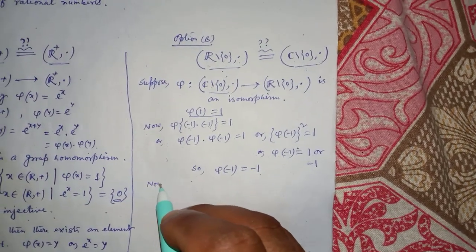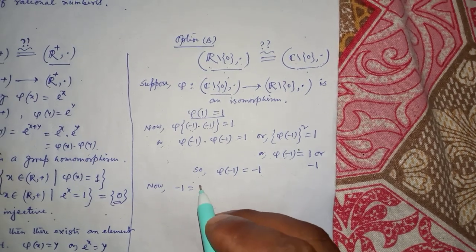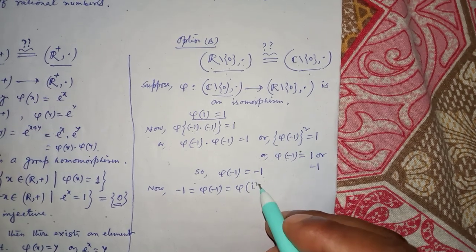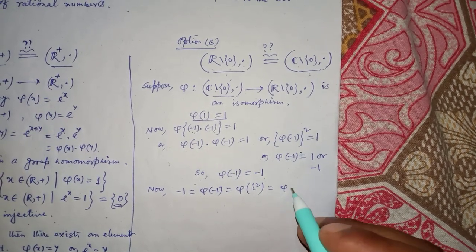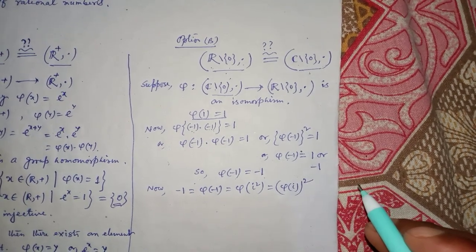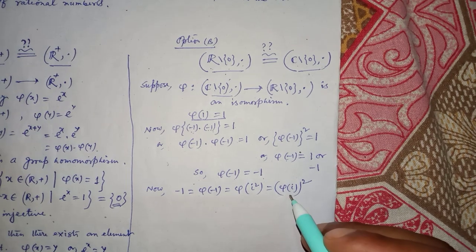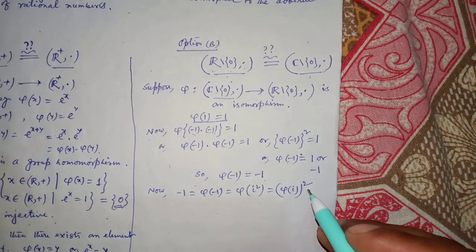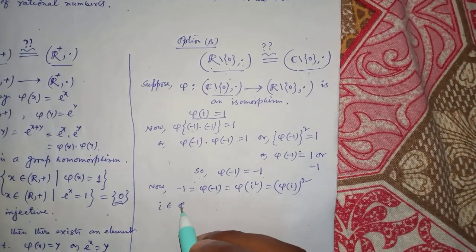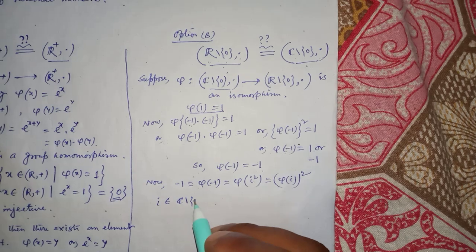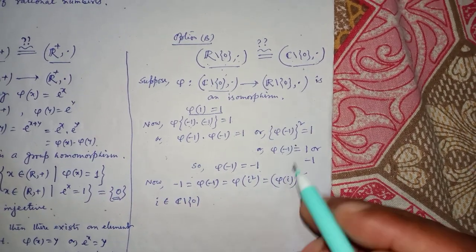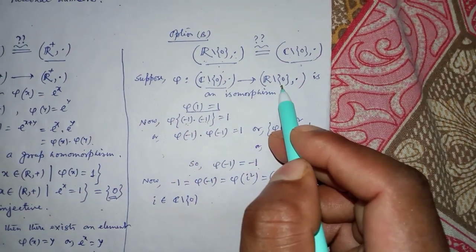Now minus 1 is equal to phi of minus 1, which is equal to phi of i square, which is equal to phi of i whole square, because phi is a homomorphism. i belongs to C minus 0 and phi of i is the image of i in R minus 0.